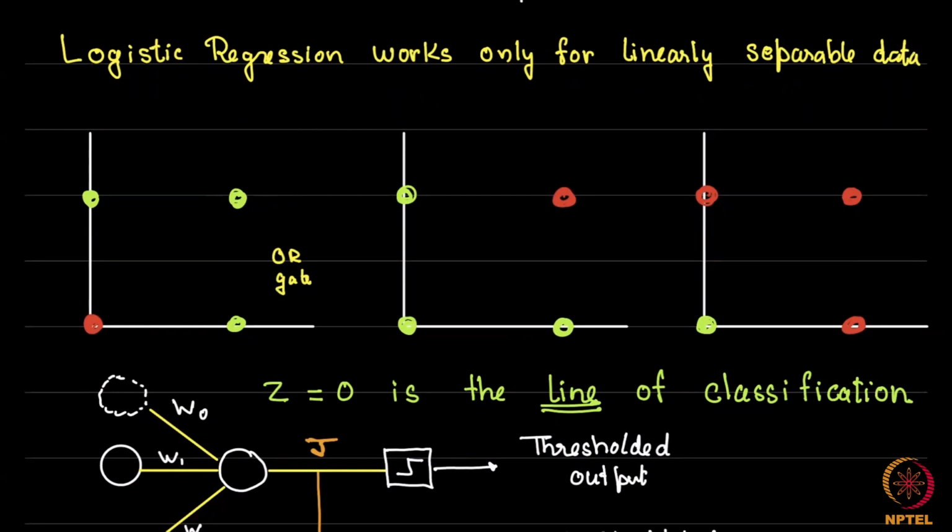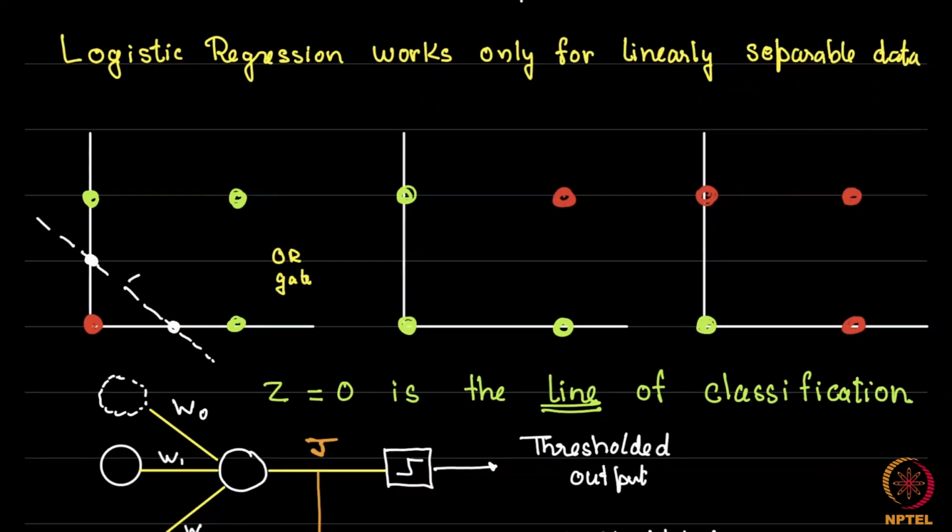Now, when I say OR gate, all of us can intuitively draw a classification line. Let me draw it in dotted lines so that it's a little bit big. If you look at this line, let's say this passes right in the midpoint, half, 0, and 0, half.